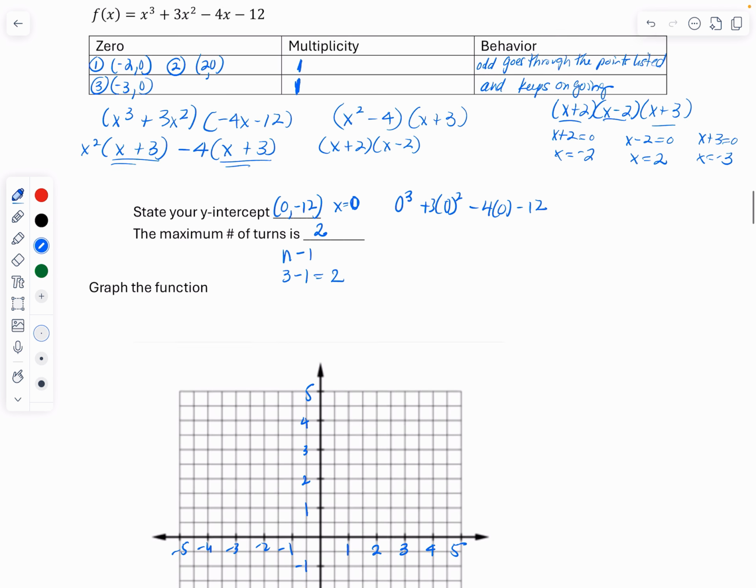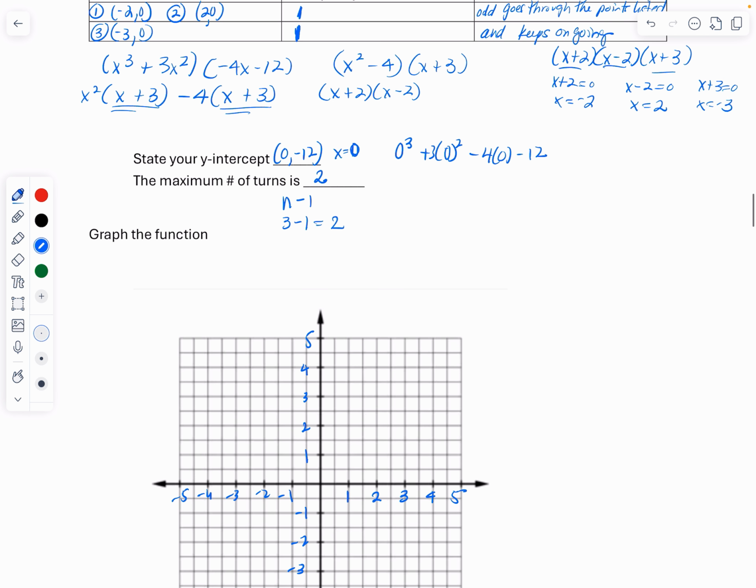Okay, so I'm going to put negative 2, 0, negative 3, 0, and 2, 0 here.